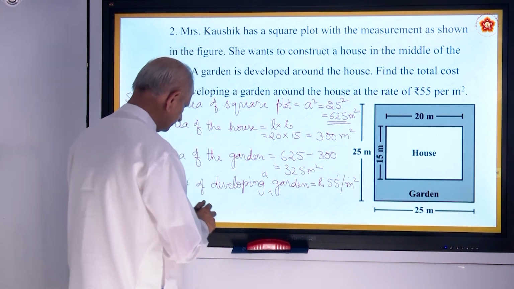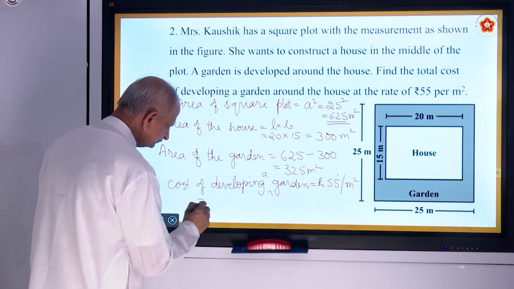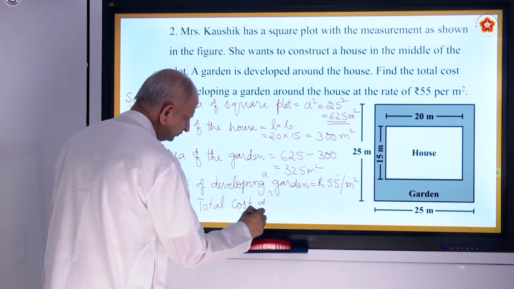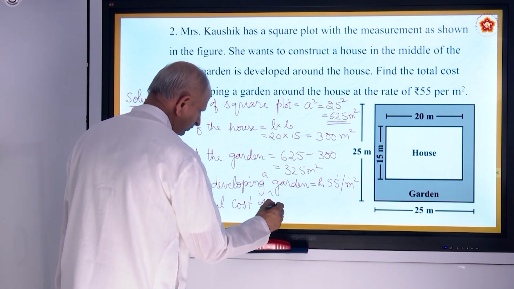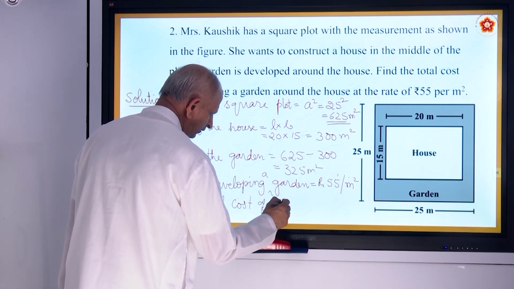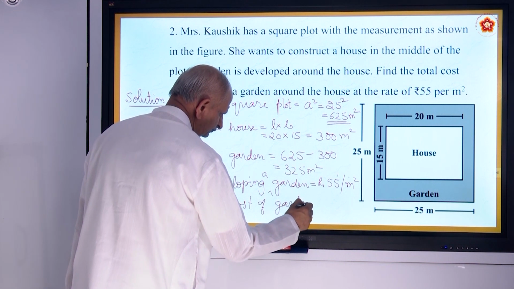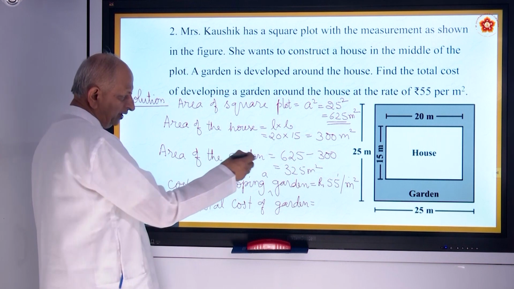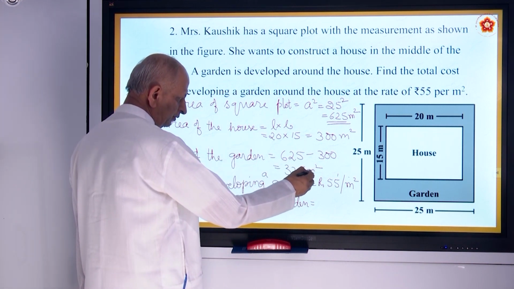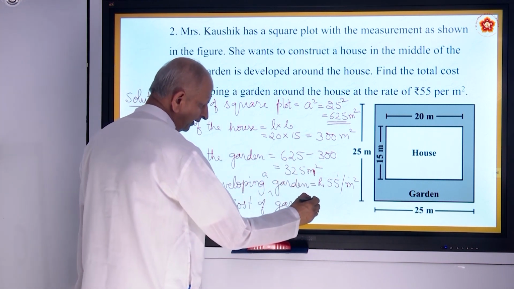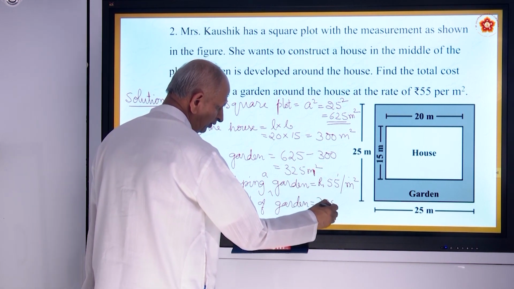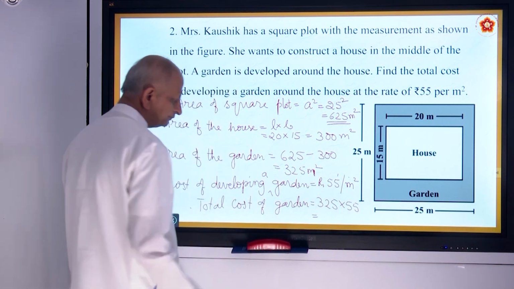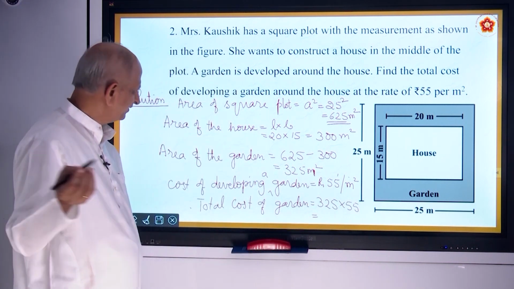And then therefore the total cost of developing a garden. 1 square meter is 55. Now the total area of the garden is 325. So 325 into 55. That is the total cost. Can you do it?